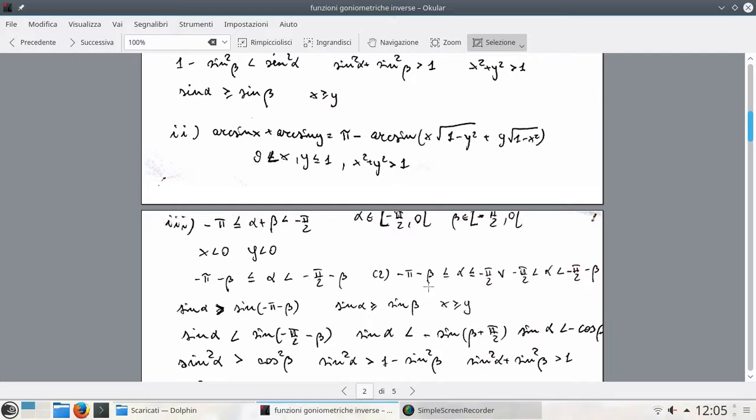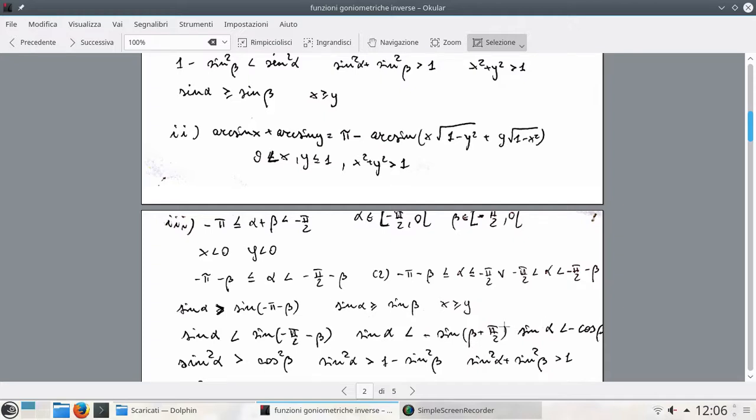Considering the other part of the relation, we have sine alpha less than sine of (pi minus beta), and so sine alpha less than negative sine of (beta plus pi).